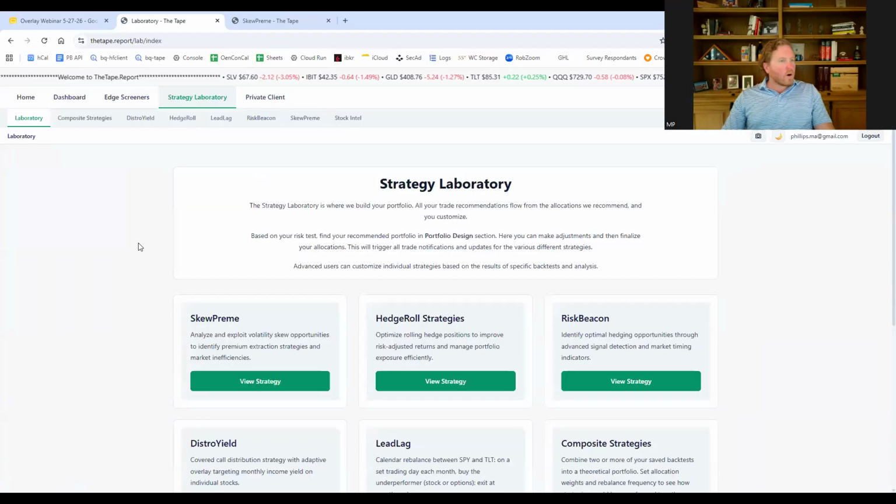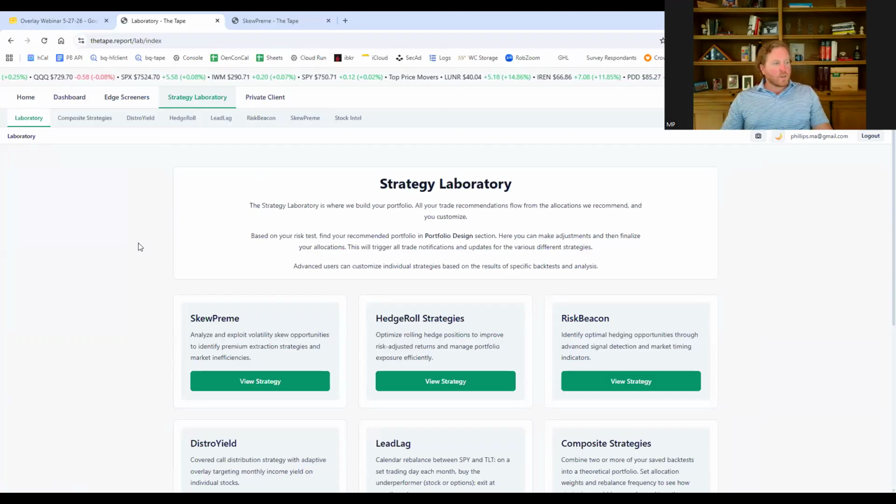So all of these and more strategies exist over in our strategy laboratory. The strategy laboratory is part of our investor package, and this is the package that's designed for, as the name suggests, investors that are managing long-term strategies for their portfolio.